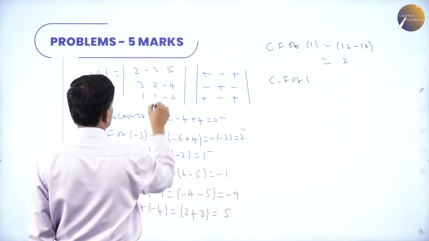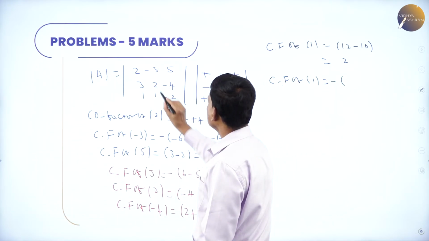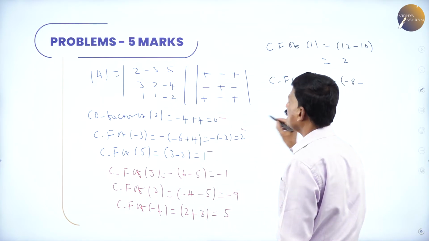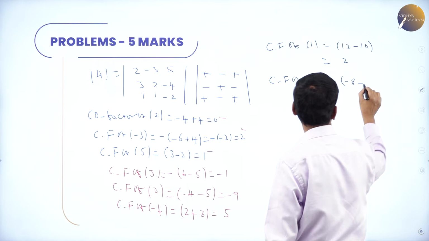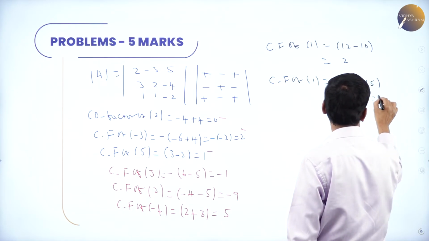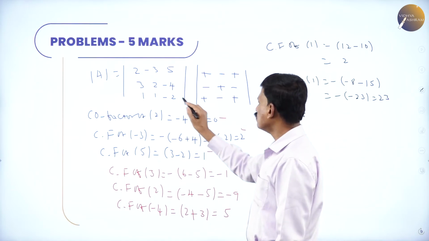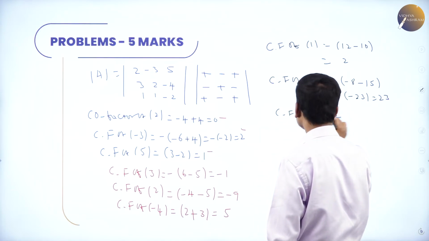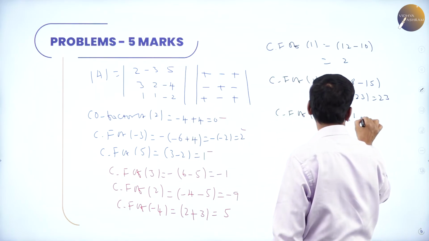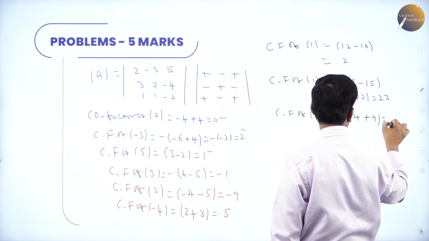Next cofactor of this element 1 is equal to minus, this row and column is gone, 2 fours are 8, minus 8, minus 5 threes are 15. So this is minus of minus 23, which is plus 23. And the last element, minus 2, it is positive, this row and column is gone, 2 twos are 4, minus into minus plus 3 threes are 9, that's equal to 13.